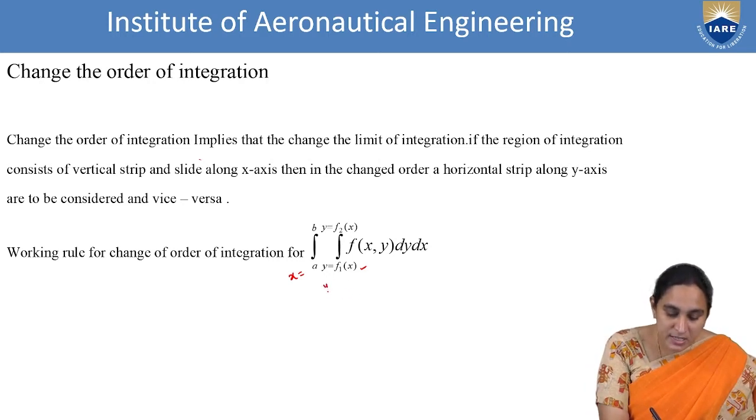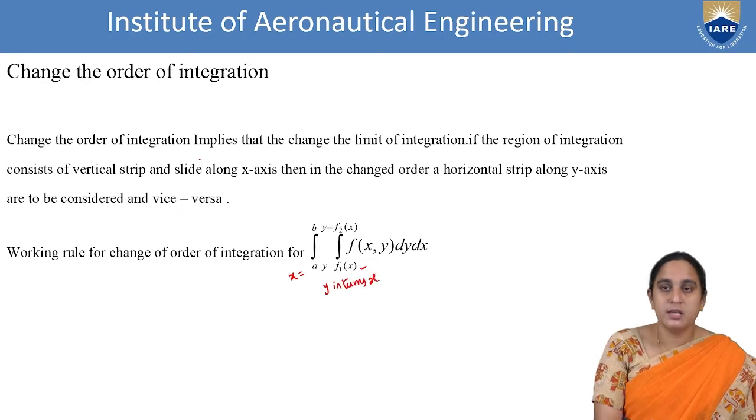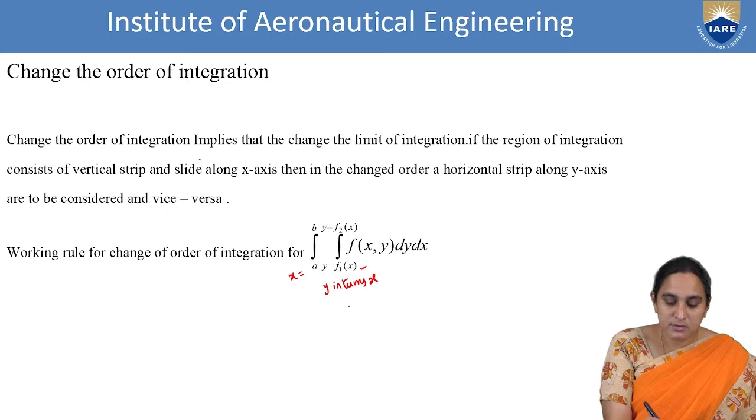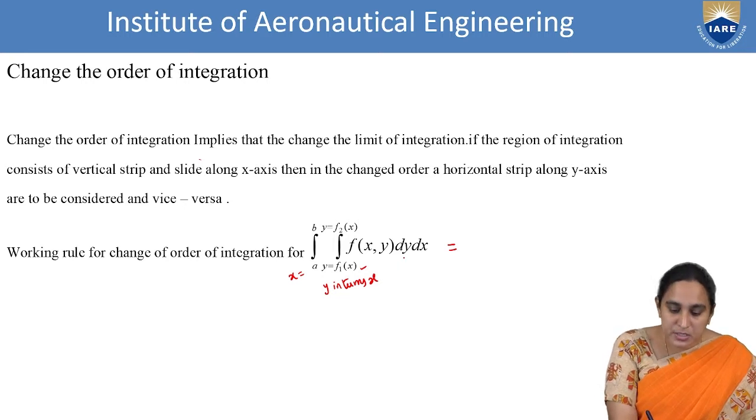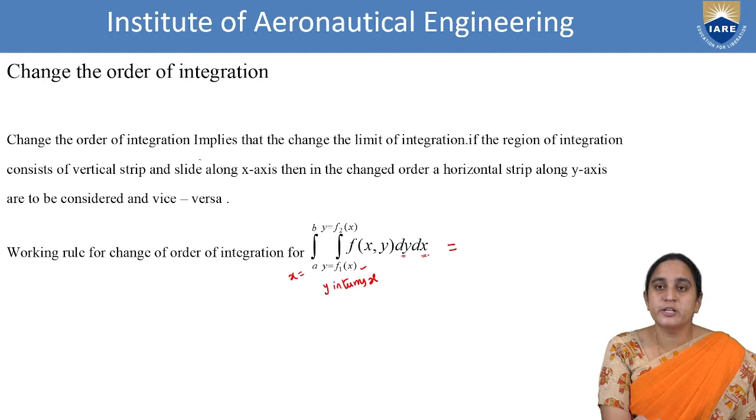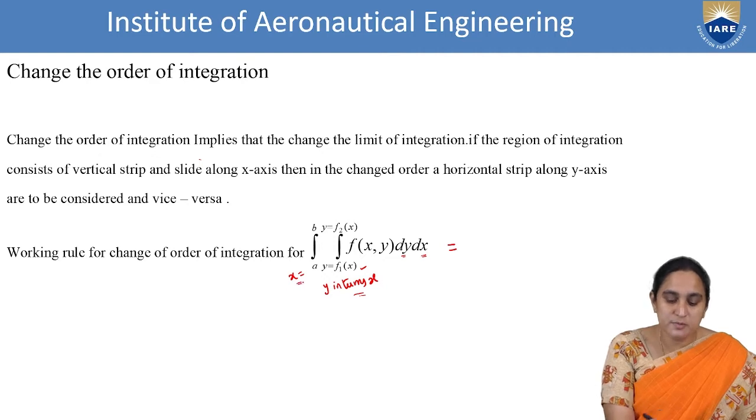That means y is in terms of x. For this case I am using the change of order of integration concept. Here first integration is with respect to y and after that with respect to x.